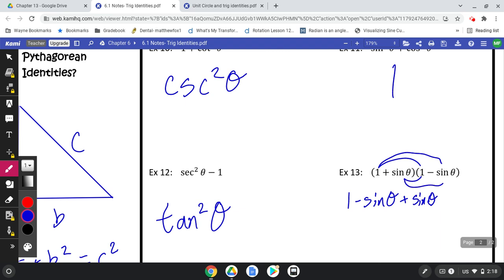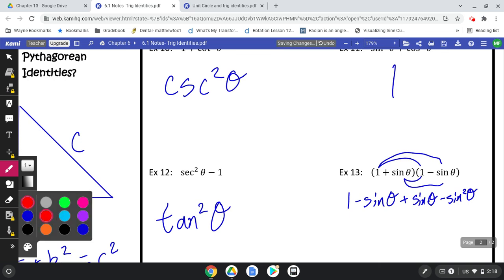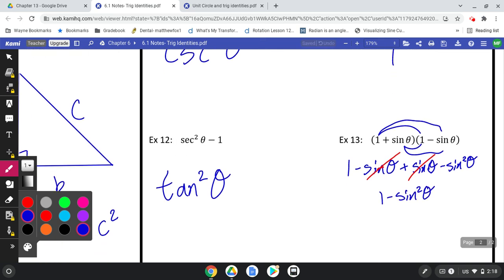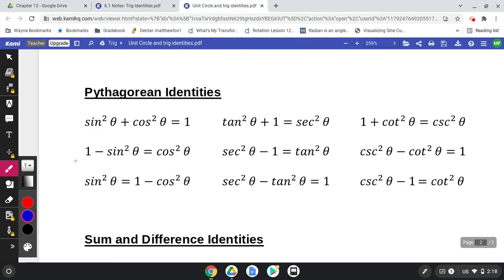And last would be minus sine squared theta. Okay. Now, hopefully you can see the negative sign and positive sign will cancel. We're left with 1 minus the sine squared of theta, which if we go back to our list right here will equal the cosine squared of theta.